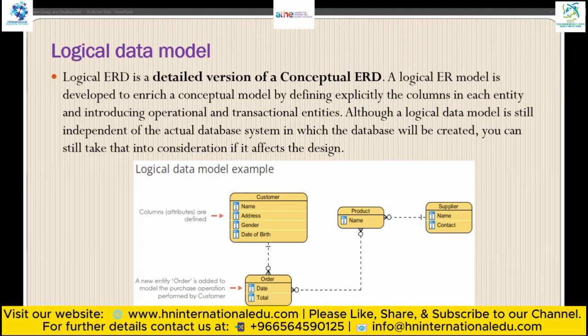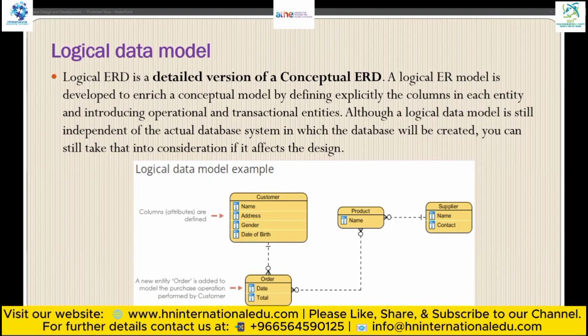A logical ER model is developed to enrich a conceptual model, meaning you are going to transform your conceptual schema into the actual logical model by defining explicitly the columns in each entity, which type of attributes you are going to deploy in your tables, which type of data any table in your database will hold, and introducing operational and transactional entities.